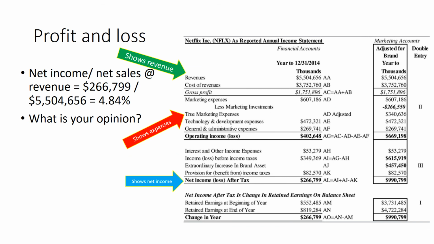And then this is another example of a company's profit and loss. If we try to calculate its margin, 266 divided by 5,504,000 as your revenue here, we will see that our margin is around 4.84%.